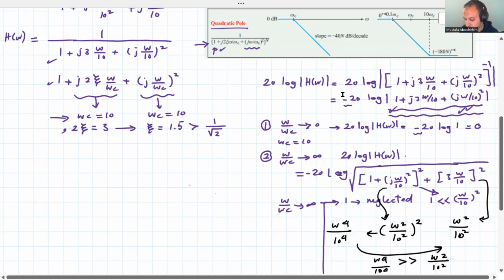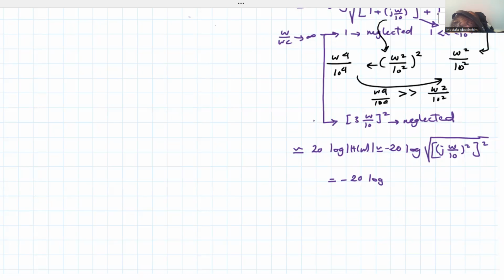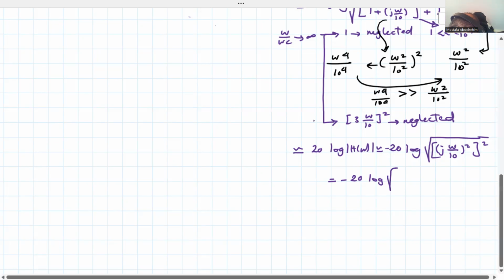Minus 1, we bring it down, so it's 1. And basically, let's see what's under the square here. You have minus 1, omega square over 10 square, and everything squared again.